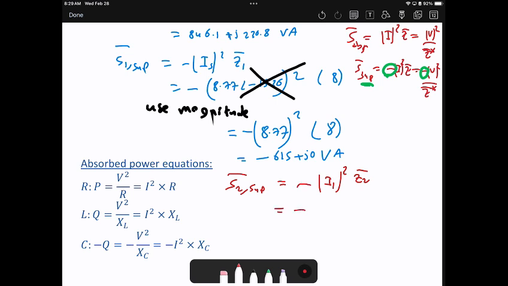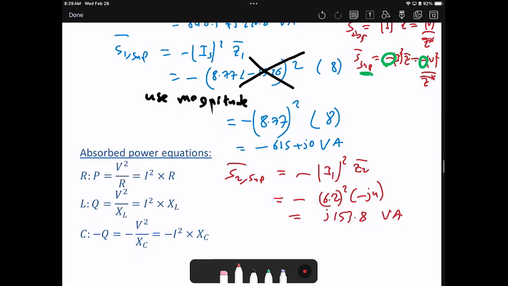Then it will be negative I1 squared; I1 is 6.2, we don't need the angle, just the magnitude, 6.2 squared times Z2 bar, which is negative j4. So the result will be j153.8, and the unit is volt amperes.